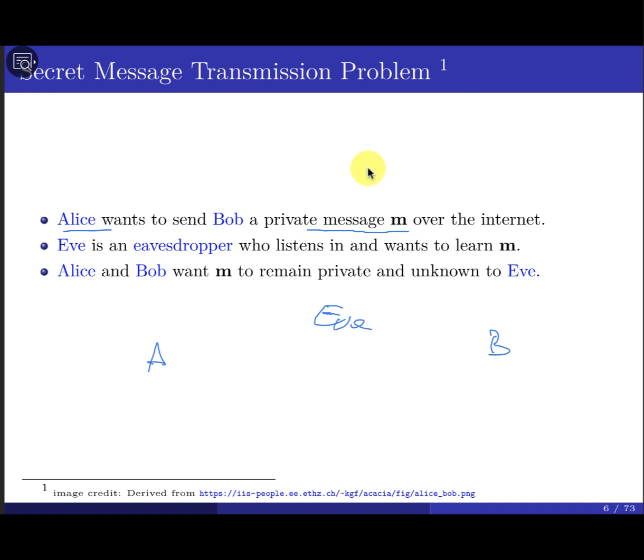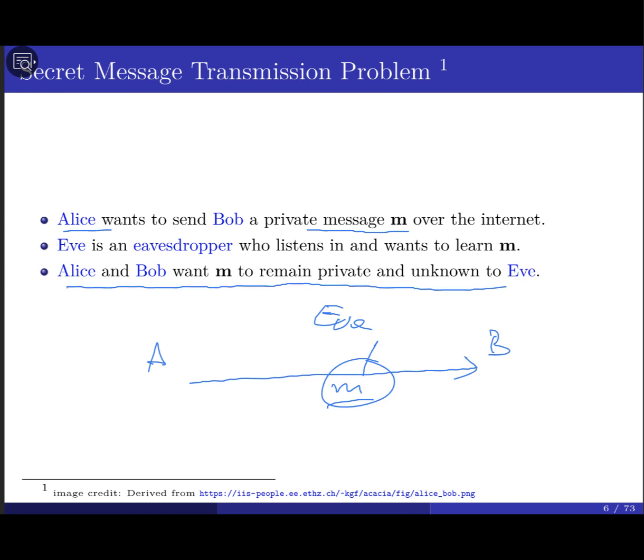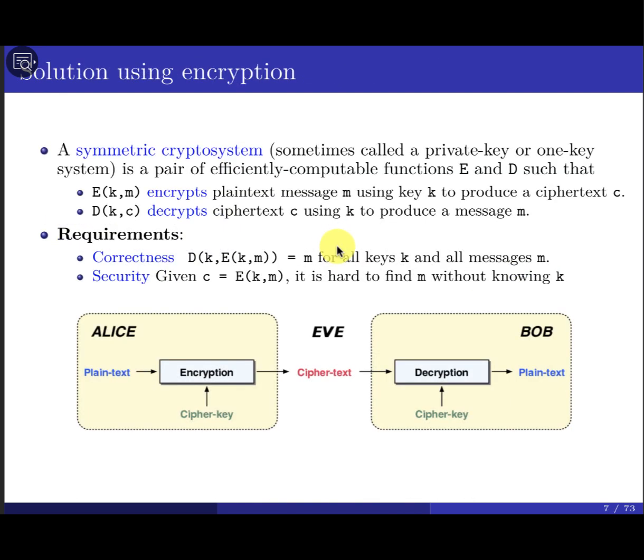If you send the message in plaintext, Eve is going to be able to capture and reveal the content of the message. So what's the solution here? This is the goal: Alice and Bob want M to remain private and unknown to Eve. So the solution of this problem, we're going to use what's called the symmetric cryptosystem.